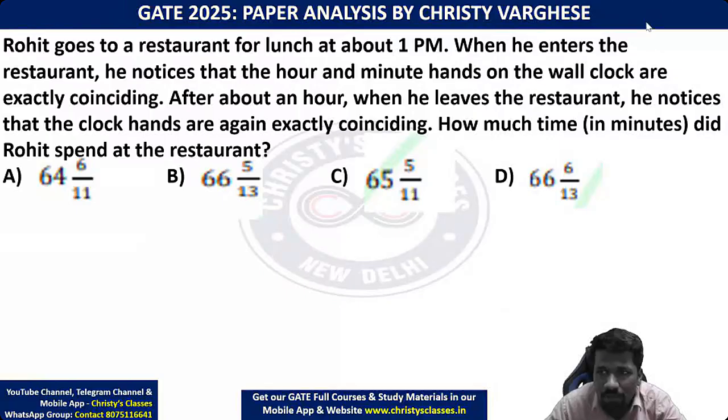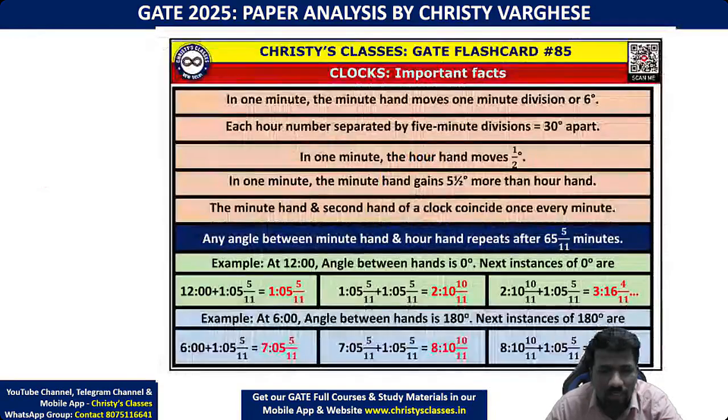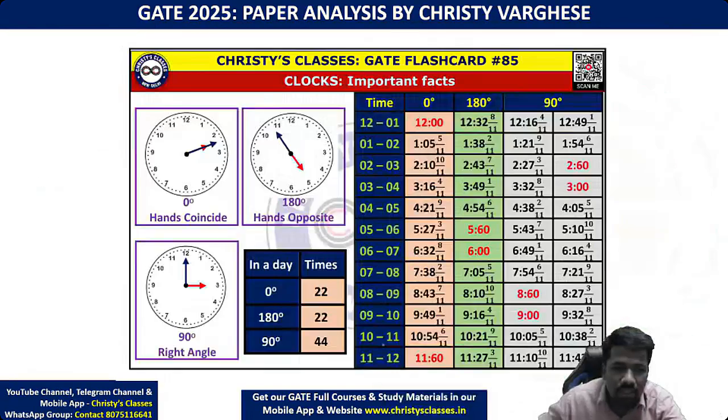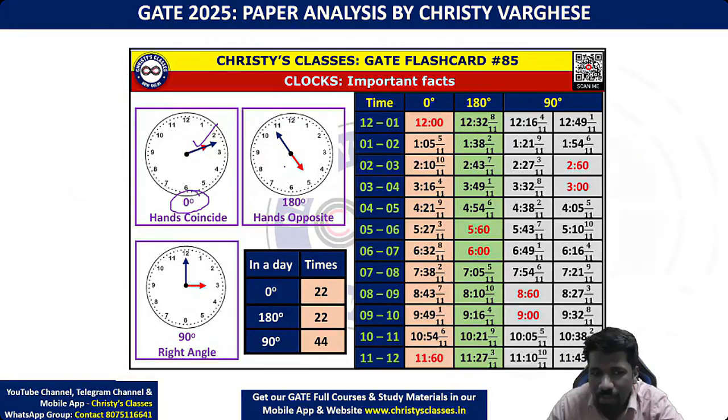In this question, which scenario? Hands coinciding. Hands coinciding means the angle between the hour hand and minute hand is 0 degrees.